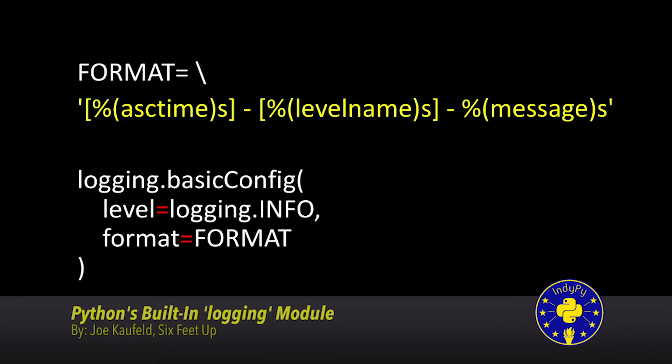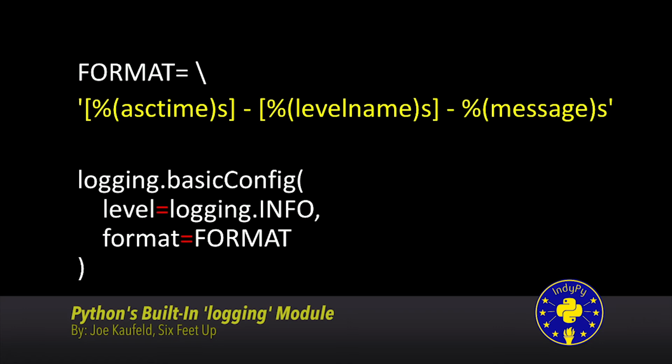And yeah, we can totally build that ourselves if we want to, but it's already built in here, we can use that, it's snazzy. So asctime is going to give us a timestamp, which is super awesome. Then levelname is essentially the info, warning, debug, all that good stuff. And then the message is the string that we pass in as the argument. So that's the first part.